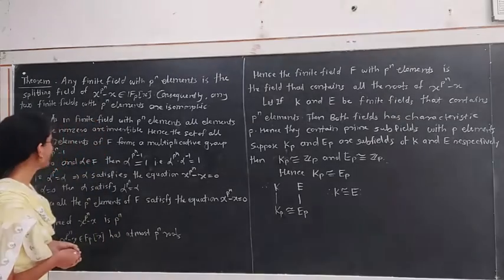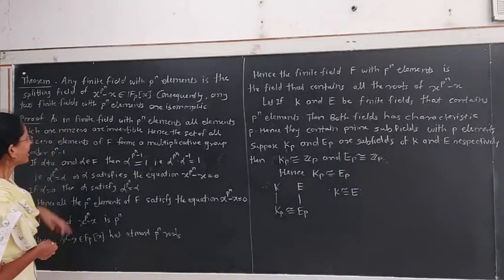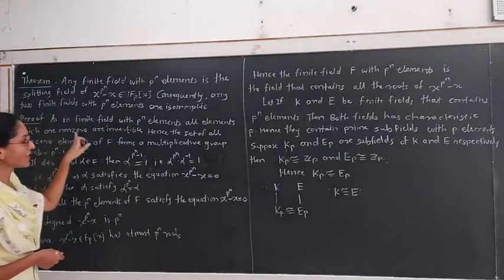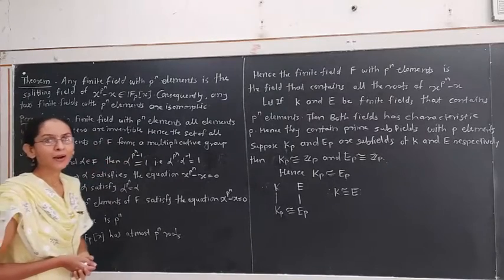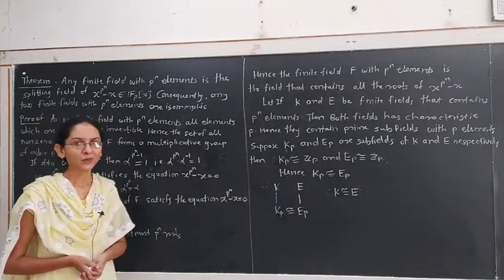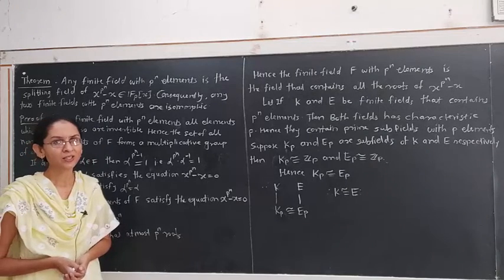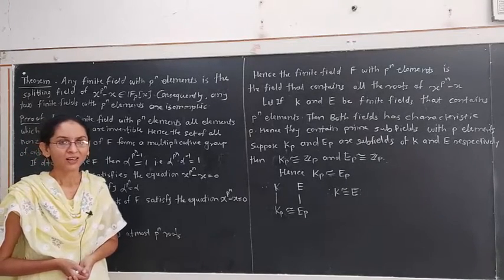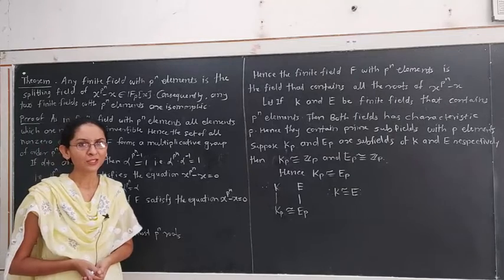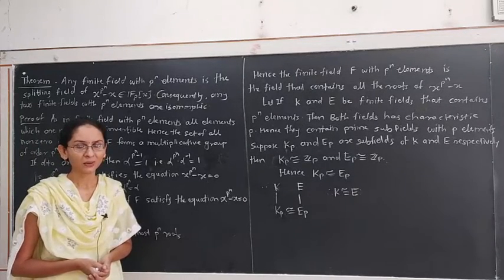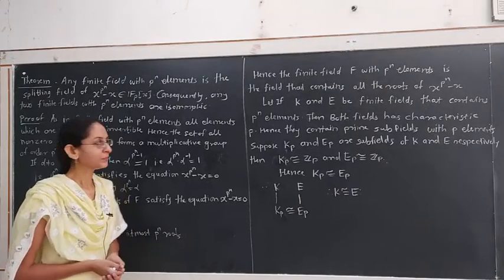Consider that polynomial. We know that in a finite field with p raised to n elements, all elements which are non-zero are invertible. By definition of field, every non-zero element is invertible. Here the field is a finite field that contains p raised to n elements. Hence, all the non-zero elements of this field, that are p raised to n minus 1 in number, are invertible.